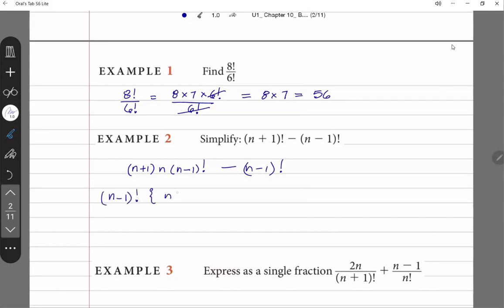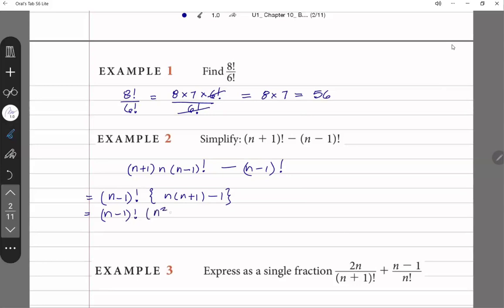the bracket I have n into n plus 1 minus 1. Inside the bracket, I'm going to have n squared plus n minus 1. And I don't think that that can be factorized. So I have n minus 1 factorial, and in the bracket, I have what?